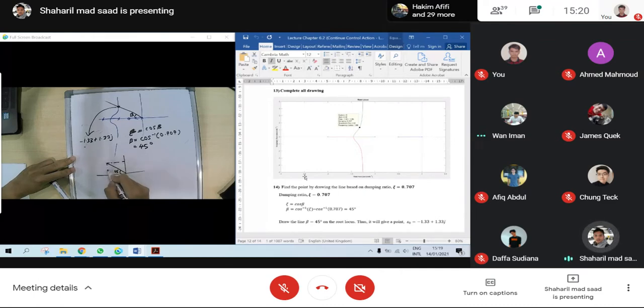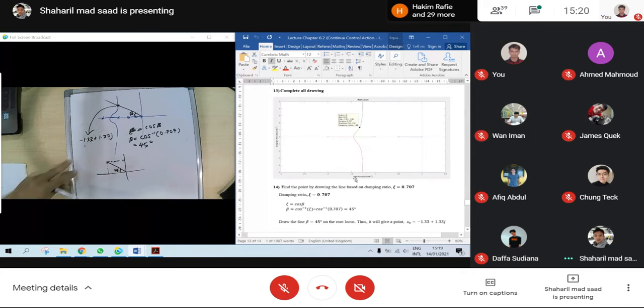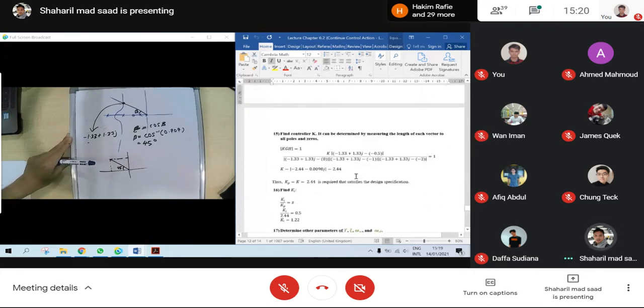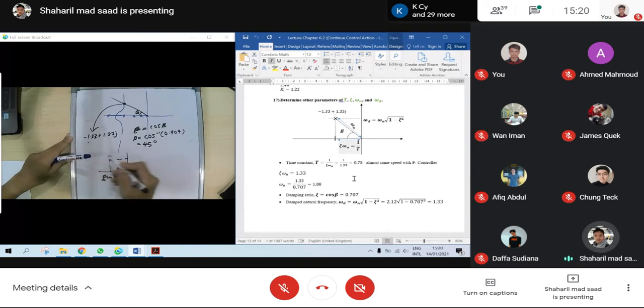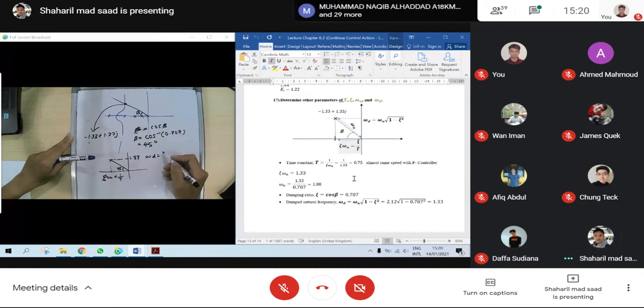So what else can we get from here? One over t, and this one you got here is 1.33. This one represents the omega d.